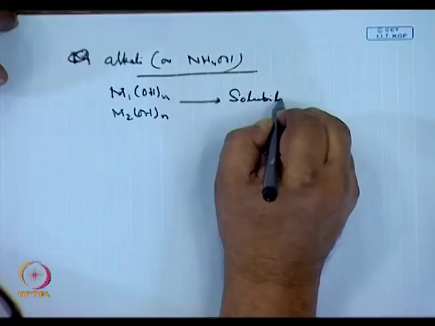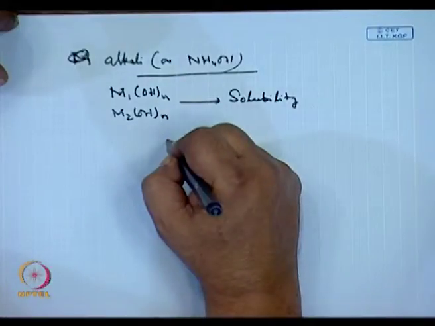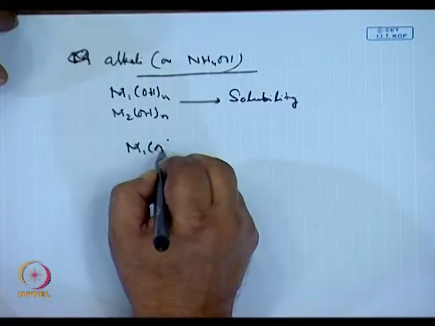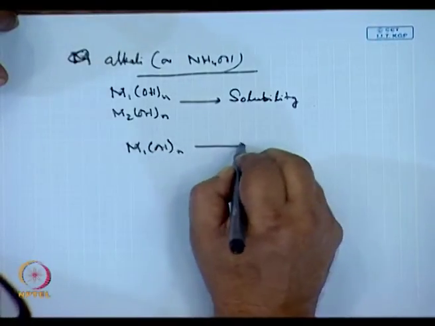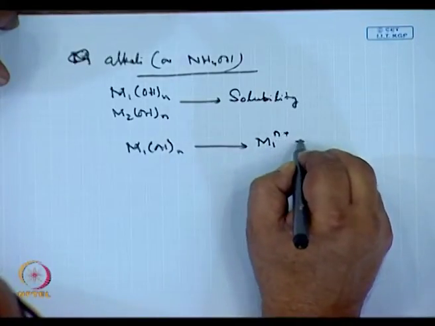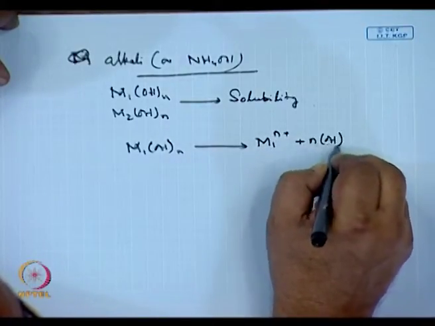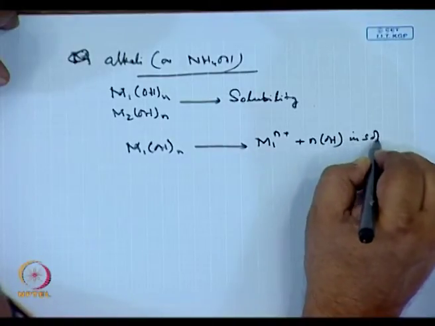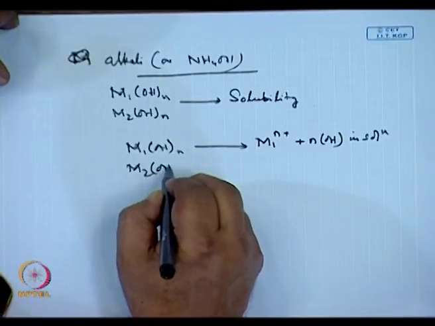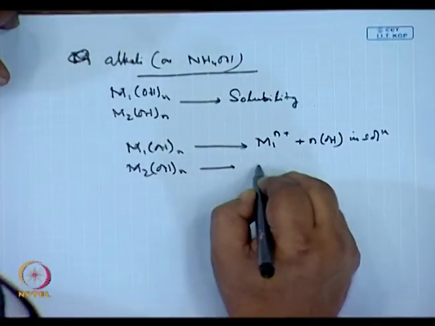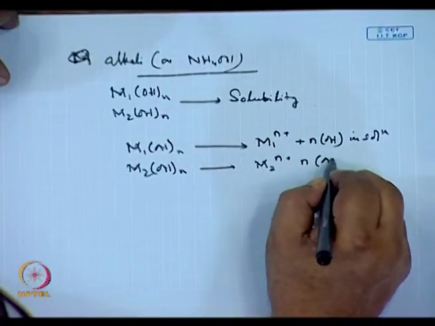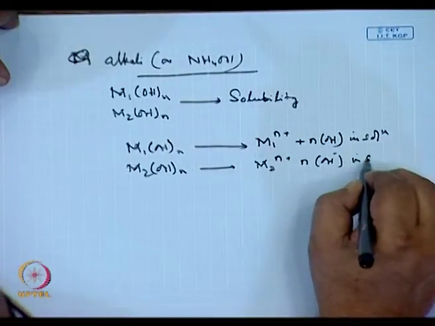It is not as if they will immediately precipitate. This M1 OHN will ionize to give you M1 N plus plus NOH minus in solution. M2 OHN will dissociate to give you M2 N plus plus NOH minus in solution.